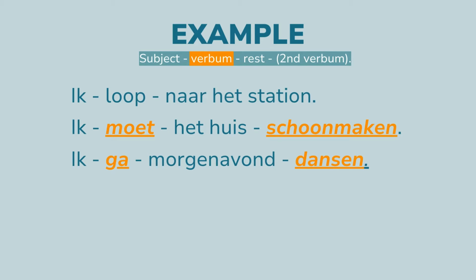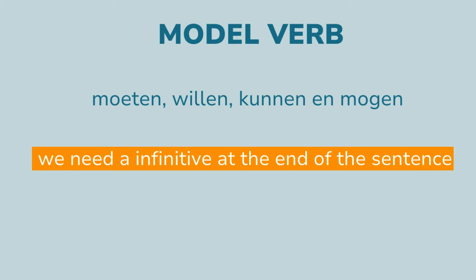So the first sample is the easiest one without a second verb. It's subject, verb, rest. The second one has 2 verbs, moet and schoonmaken. And that is because when we have a modal verb such as moeten, willen, kunnen, and mogen, we need an infinitive at the end of the sentence. So the location of the second verb is at the end.